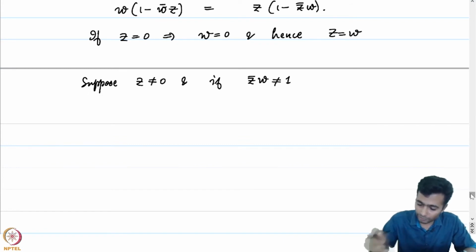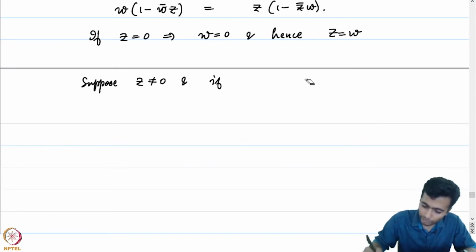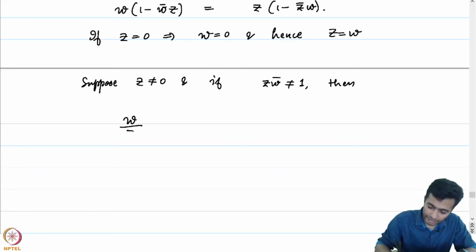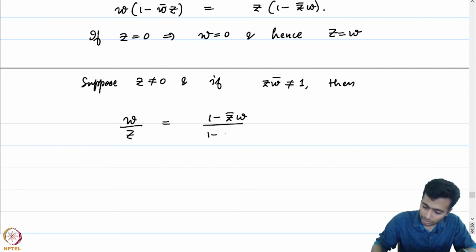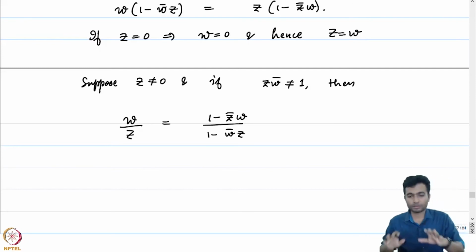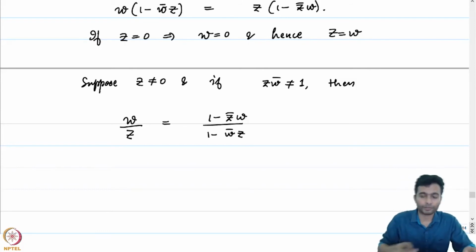Then, in fact, let's prove exactly what is needed. If z w bar is not equal to 1, then w by z is equal to 1 minus z bar w by 1 minus w bar z.